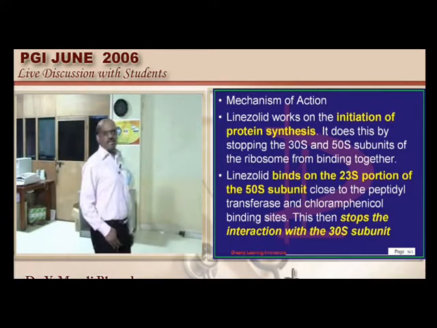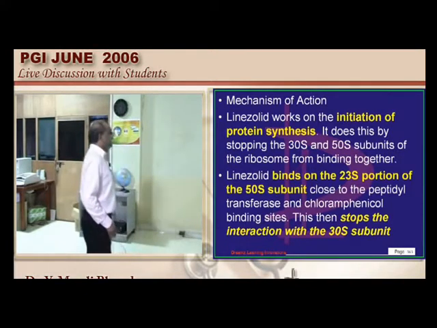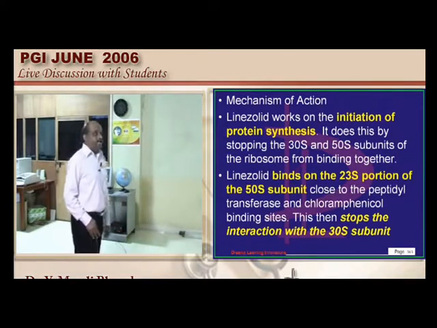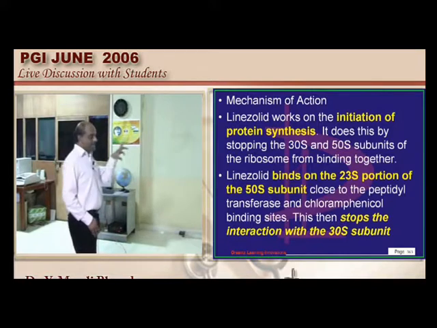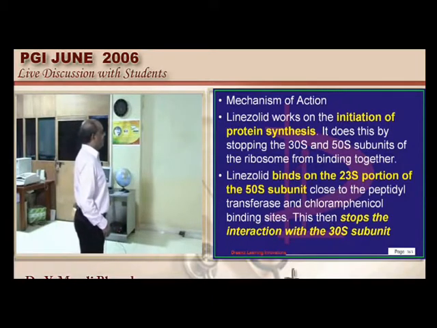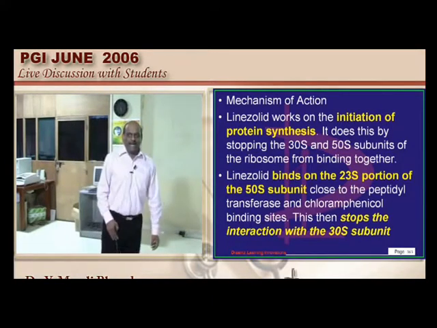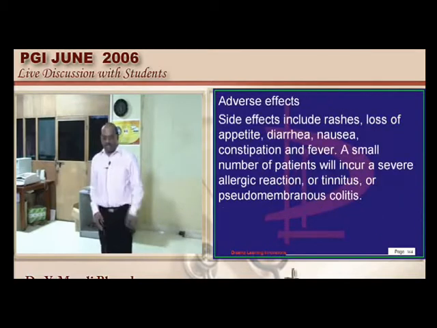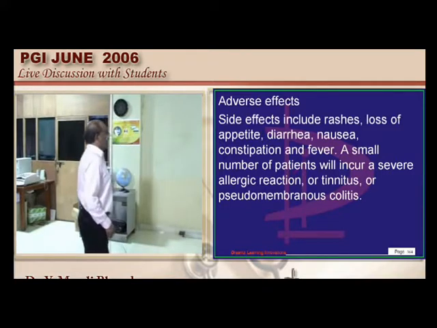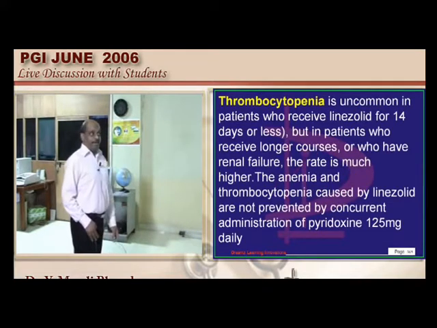So linezolid is basically the one which is used against MRSA, and it acts at the level of protein synthesis initiation. It will prevent it by stopping the 30S and 50S components of the ribosomes, which needs to be remembered. One of the characteristic adverse effects whenever you prescribe linezolid, doctor, is thrombocytopenia, which must always be kept in mind, and it is also a monoamine oxidase inhibitor.